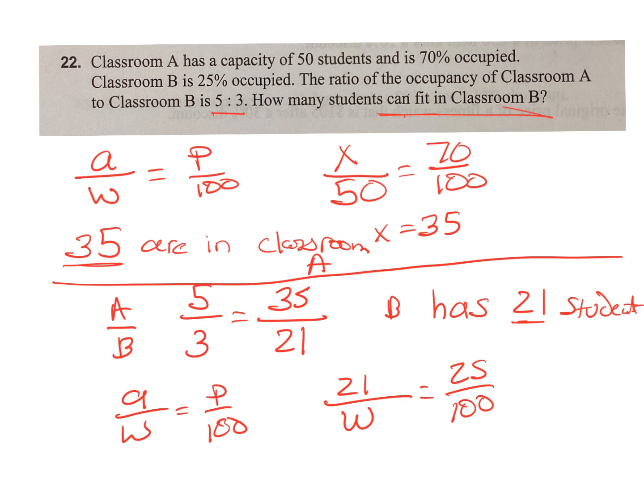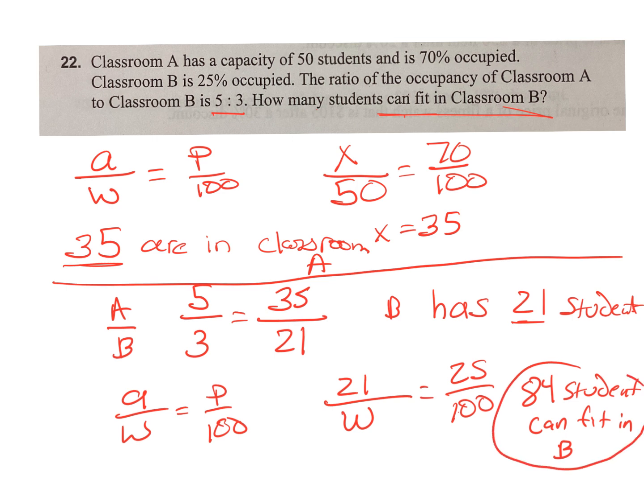So 21 times 100 divided by 25 gets me 84 students can fit in B. So there's your answer.